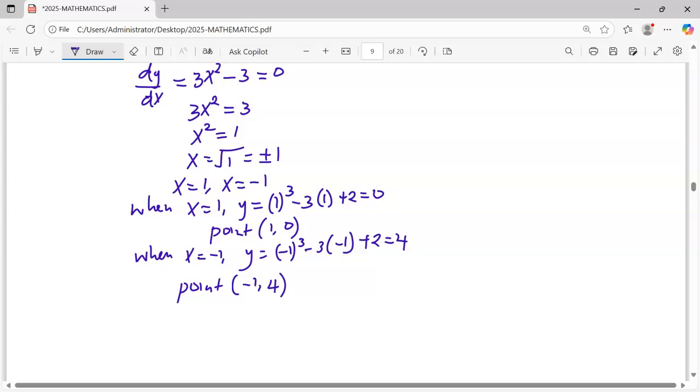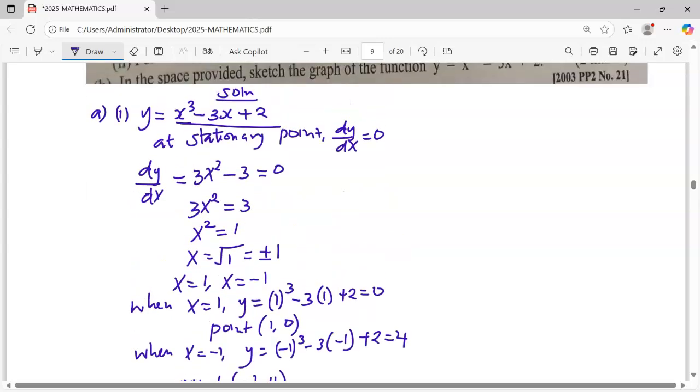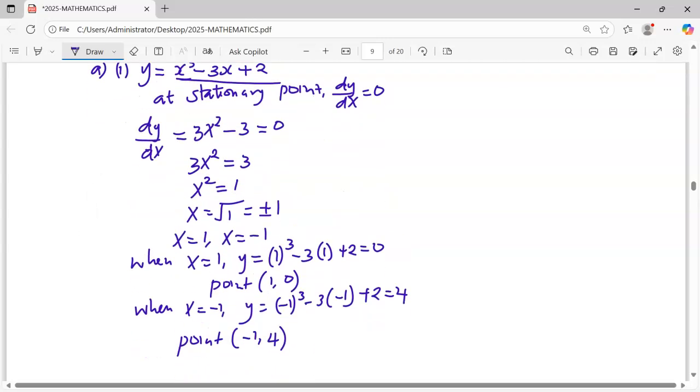Once we have gotten the stationary points, we are going to determine the nature of the two stationary points that we have obtained.